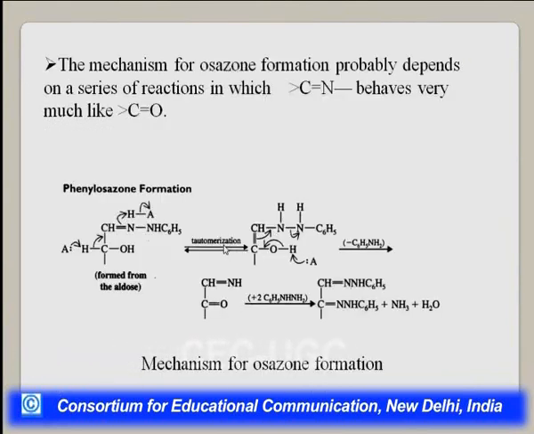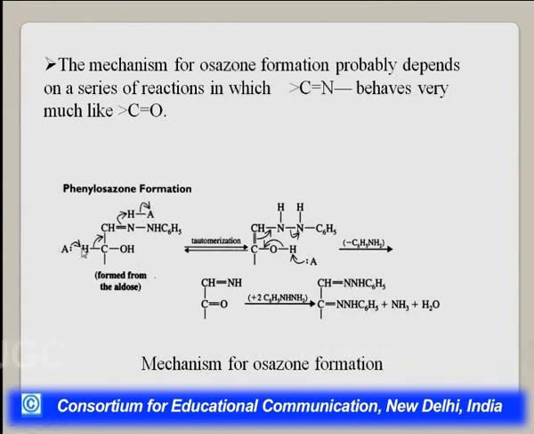What will be the mechanism for that particular reaction? The mechanism of osazone formation probably depends on a series of reactions. As you can see, this C=N functional group closely resembles the carbonyl group, that is carbon double bond oxygen. And here you can see how the mechanism takes place.